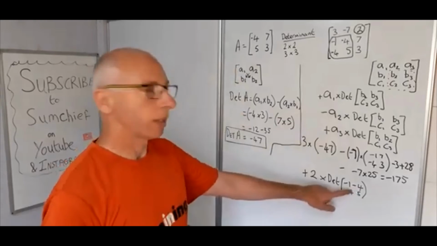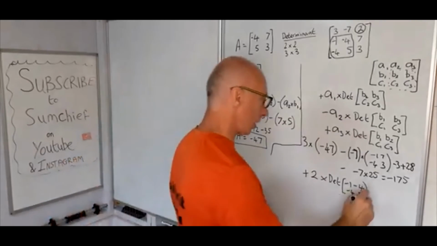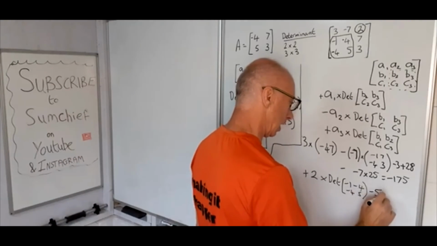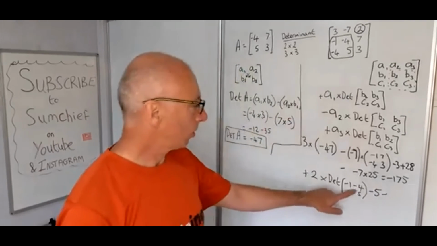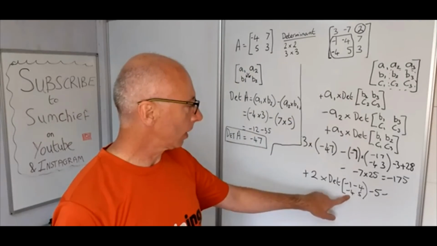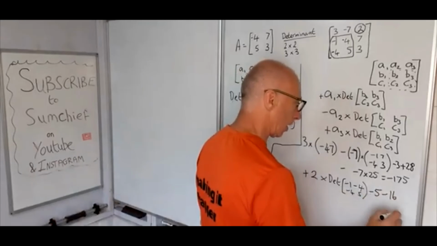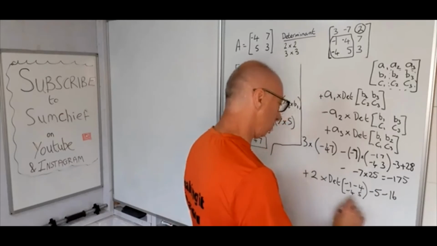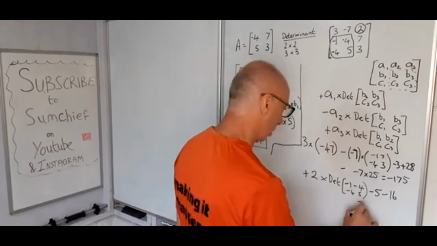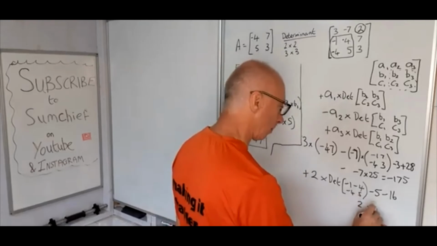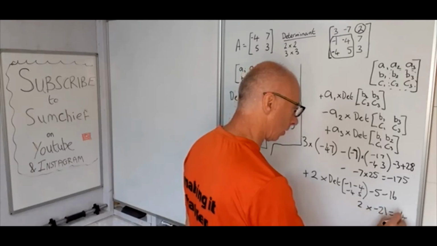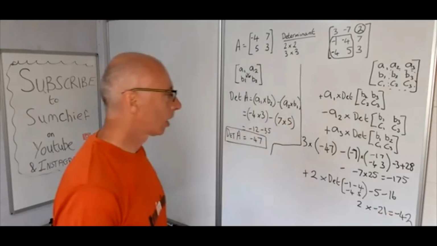Okay, determinant of this one, -1 times 5 is -5. And then subtract -4 times -4, which is plus 16. So with the minus it's -16. So then that equals 2 times -21, which equals -42.